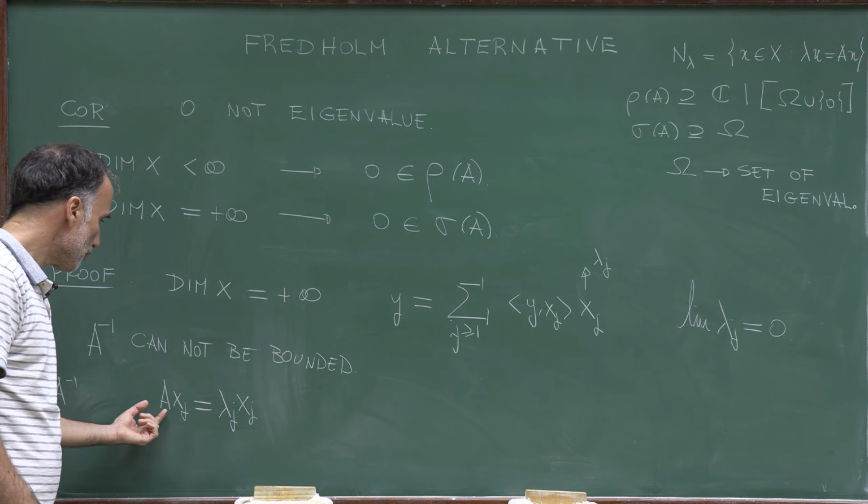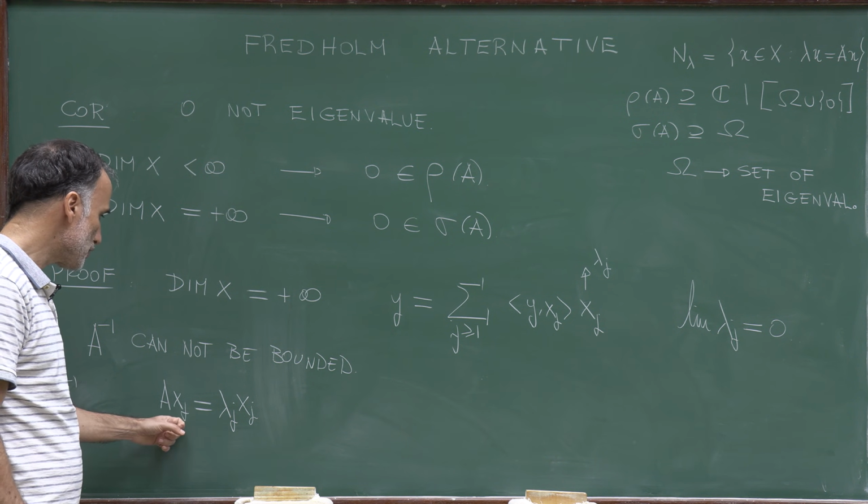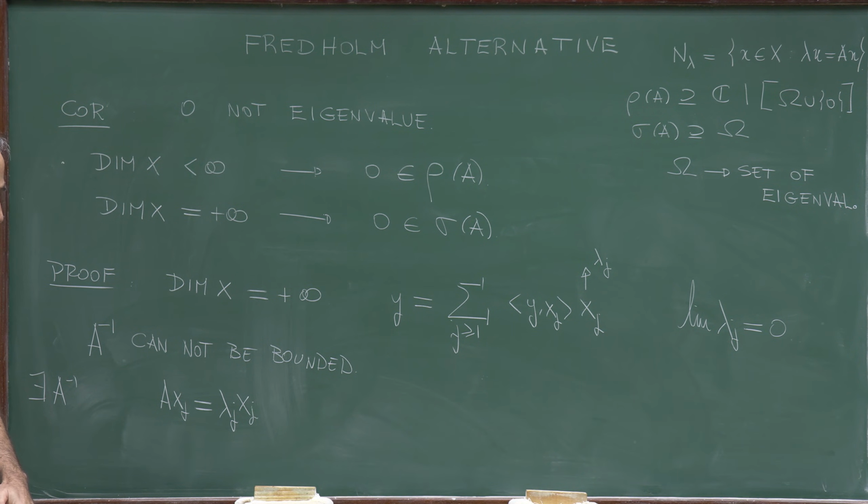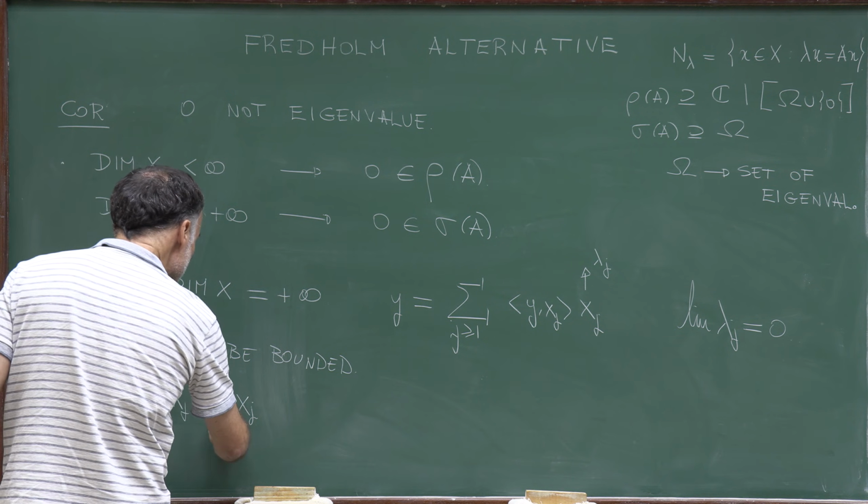Well, since xj is an eigenfunction associated to lambda j, this identity holds.